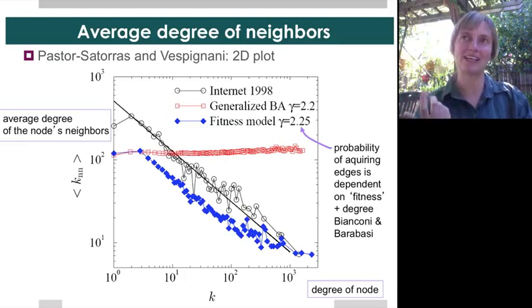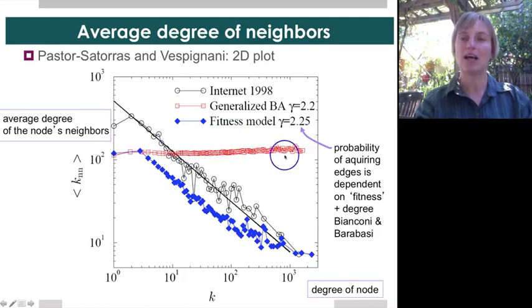Do you remember how I said you can test your models by doing additional measurements? Well, here's an additional measurement that the regular Barabasi-Albert preferential attachment model fails. It has no trend in the average degree of the neighbor as a function of the degree of the node. But if we look at the physical internet, the average degree of the neighbor falls the higher the degree of the node.